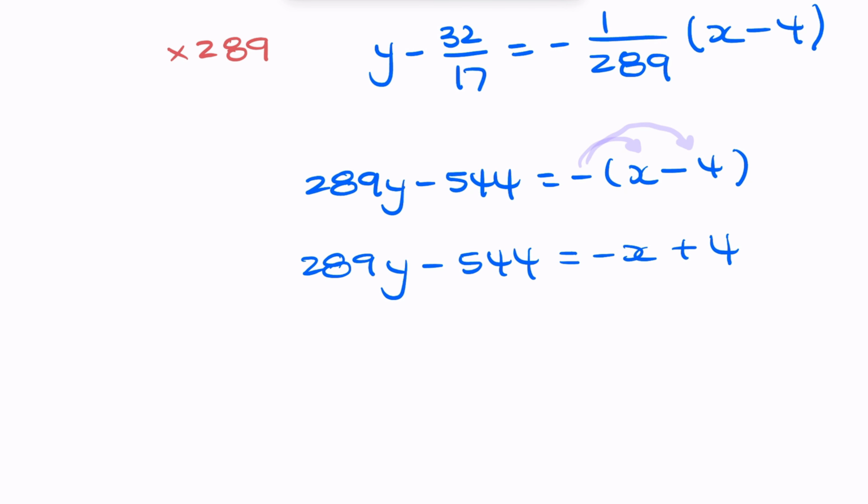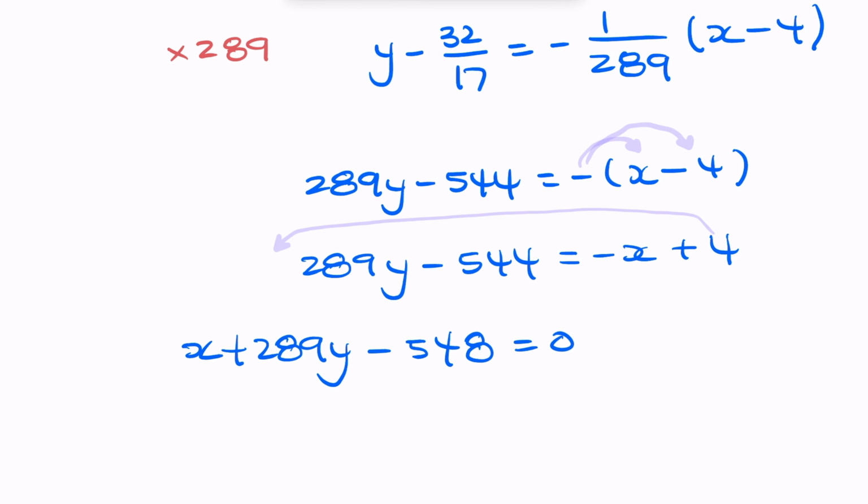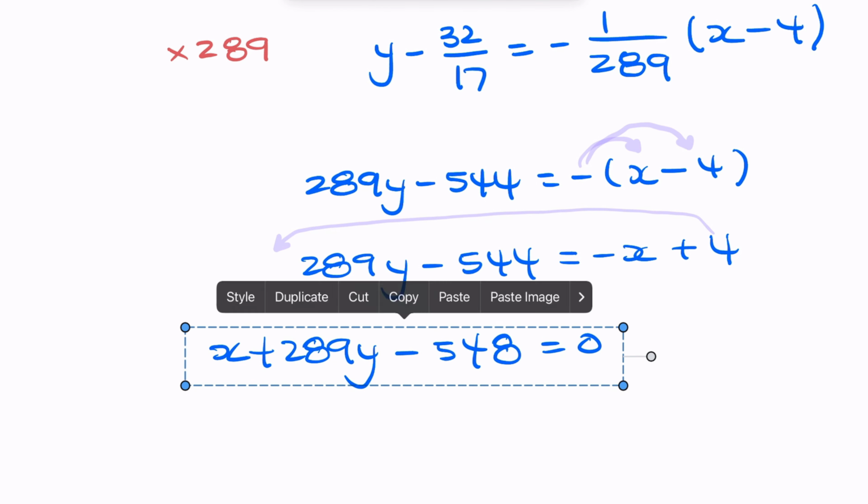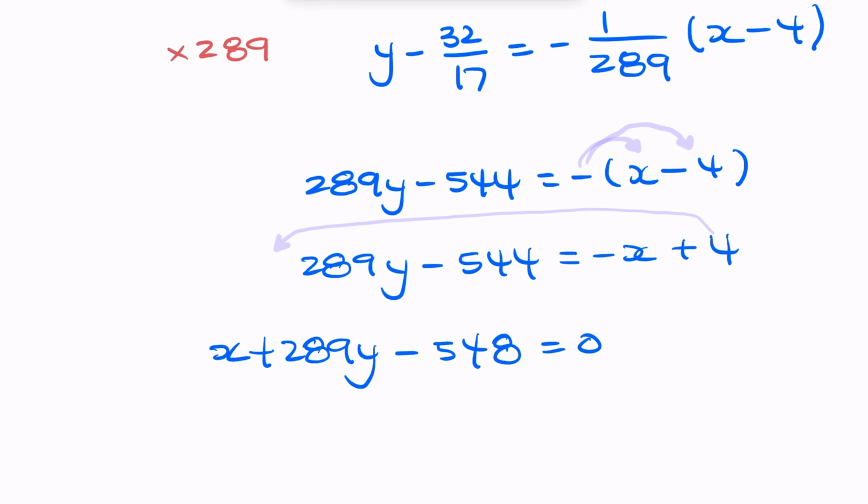So we can write it as x plus 289y minus 548 equals 0, because you want to bring this 4 to that side. And that is now the equation of your tangent. That's your final answer. That's the equation of your tangent at the point x equals 4.